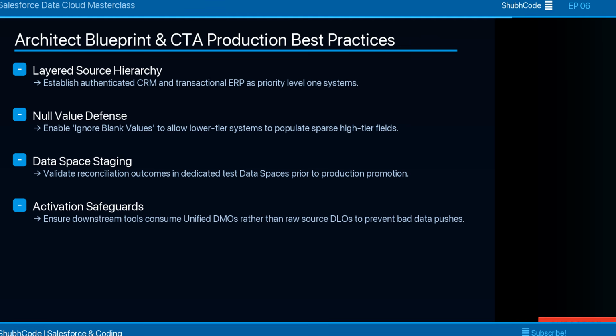Test rule sets extensively inside isolated sandbox data spaces before deploying to production, because updating rule sets triggers computationally heavy recalculation runs across your dataset. Master these survivorship fundamentals, and your unified profiles will serve as an unshakable foundation for AI agents, real-time flows, and high ROI segmentation.